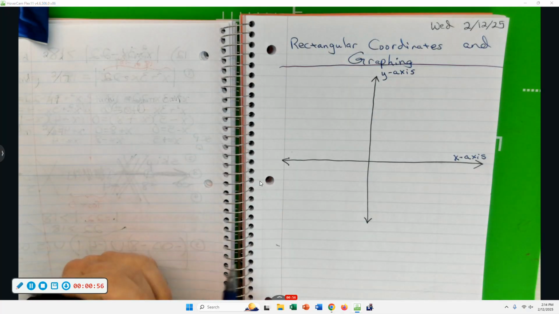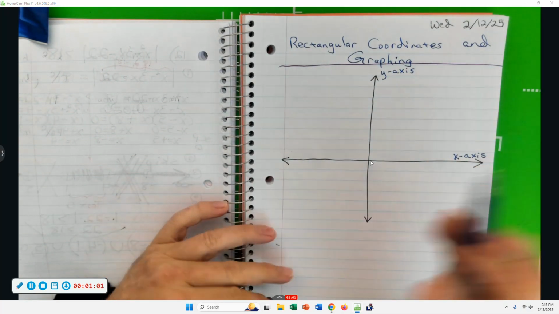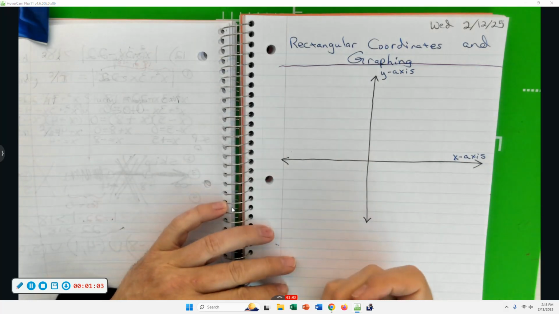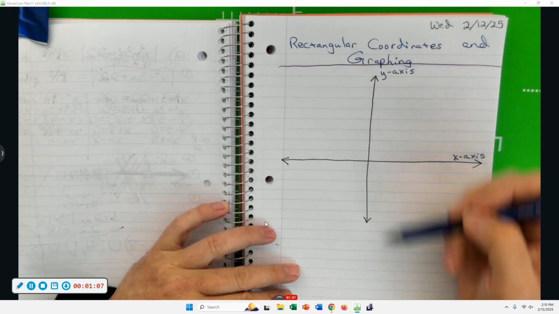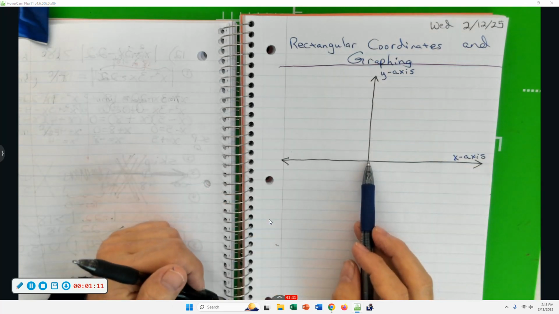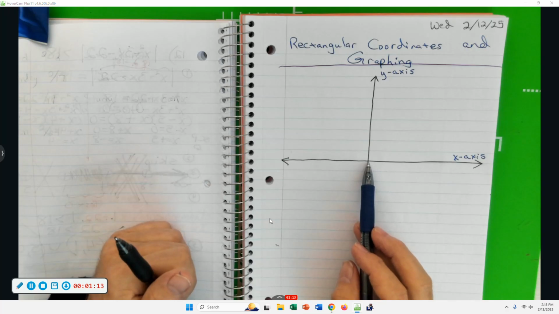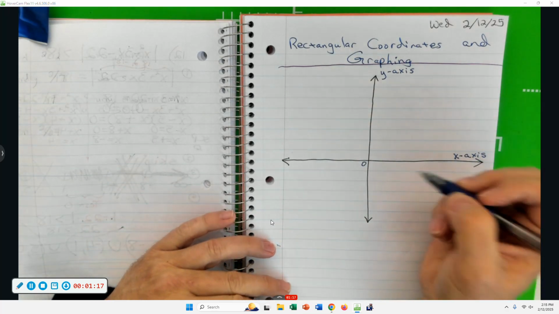Just like with any other horizontal number line, to the right is positive, to the left is negative. With a vertical number line, up is positive, down is negative. The point of intersection of the x-axis and y-axis corresponds to 0 on both of these number lines.